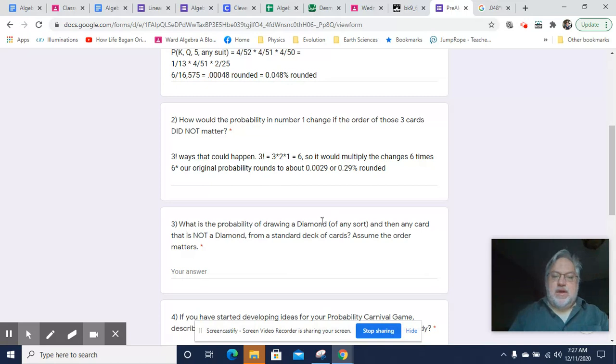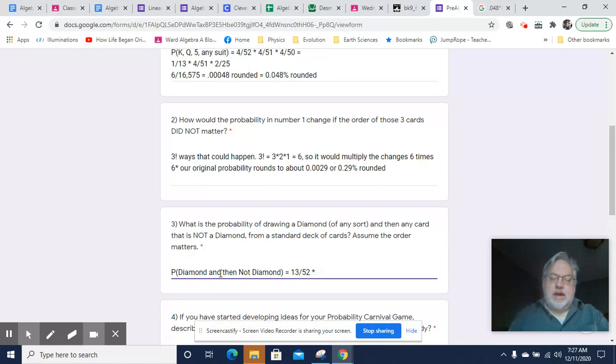Okay, what's the probability of drawing a diamond and then any card that is not a diamond from a standard deck of cards? So it's the probability of diamond and then not diamond. Okay, and so that's going to equal 13 out of 52 chances to get a diamond.